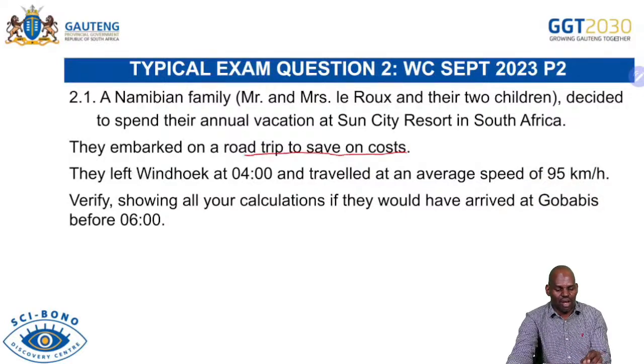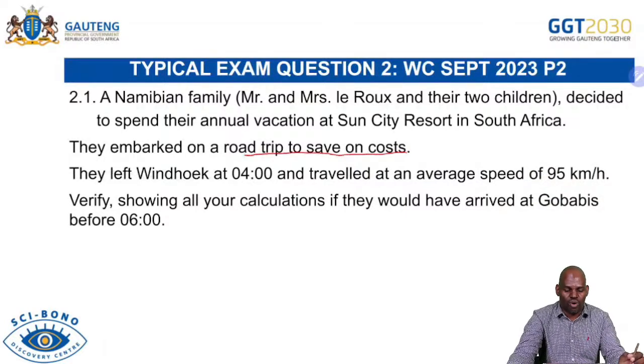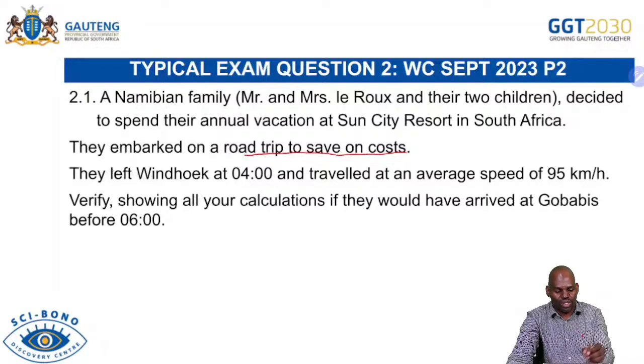They left Windhoek at 4 o'clock, so that is 4 o'clock in the morning, and traveled at an average speed of 95 kilometers per hour. Verify, showing all your calculations, if they would have arrived at Gobabis before 6 o'clock.